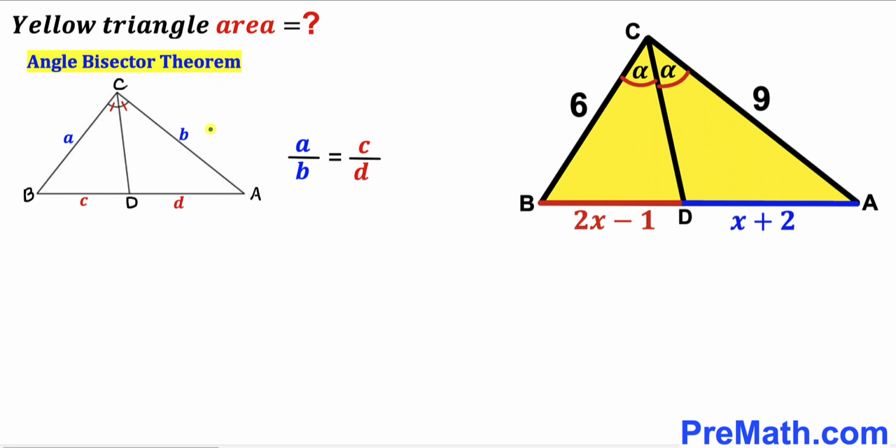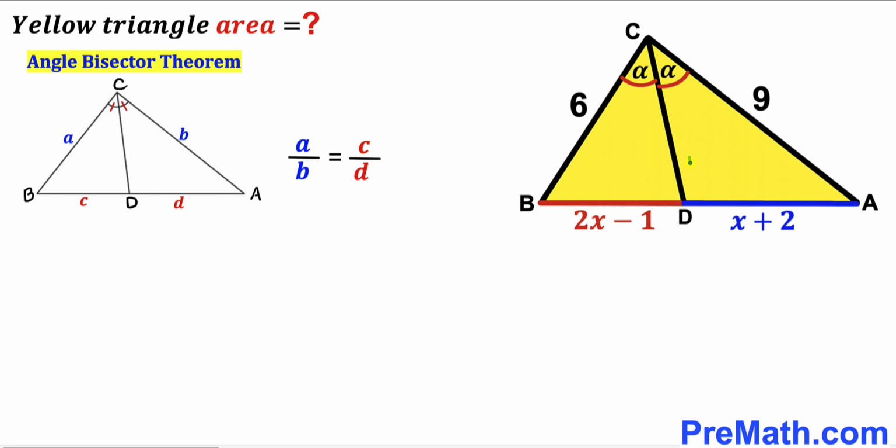According to this theorem, in this given triangle ABC along with this angle bisector CD, the ratio of these two side lengths, A and B, is going to be equal to the ratio of these two segments, C and D, as you can see in this given proportion. We are going to apply this concept on this given problem.